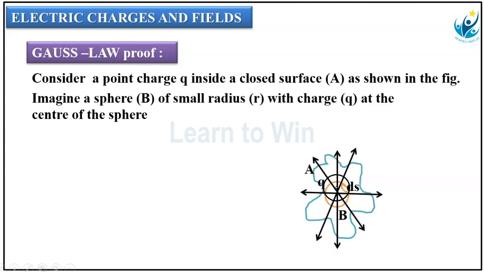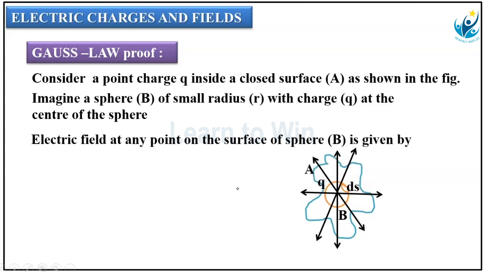This is the diagram. This B is the sphere whose radius is small r. A charge Q is placed at the center of the sphere and the closed surface is this one. This is the closed surface A.